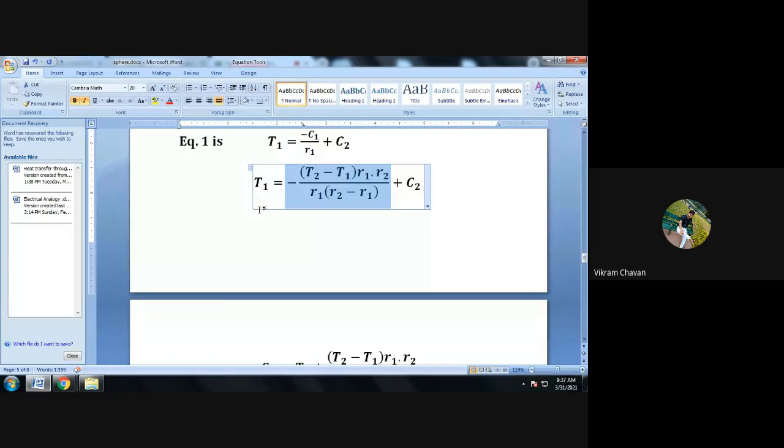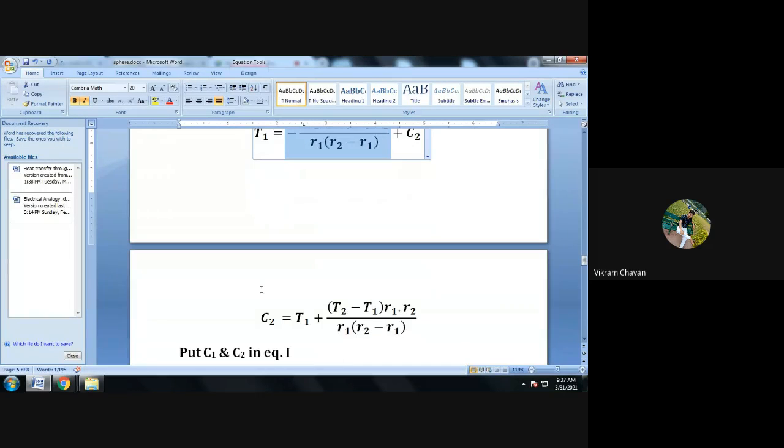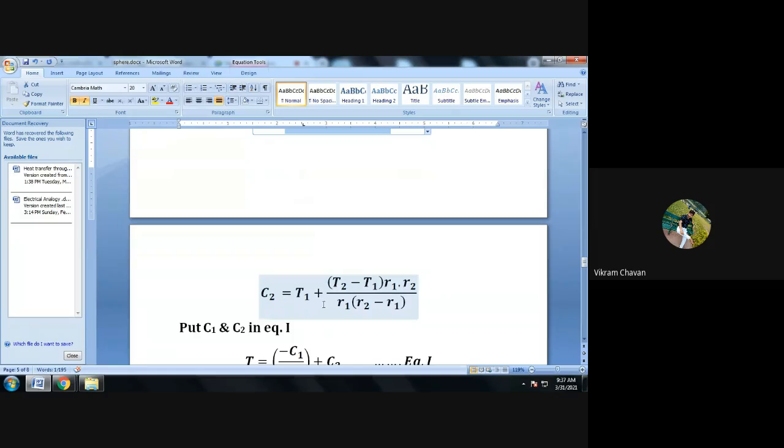So we'll get the equation as C2 is equal to T1 plus (T2 minus T1) multiplied by R1 multiplied by R2, whole divided by R1 into (R2 minus R1).